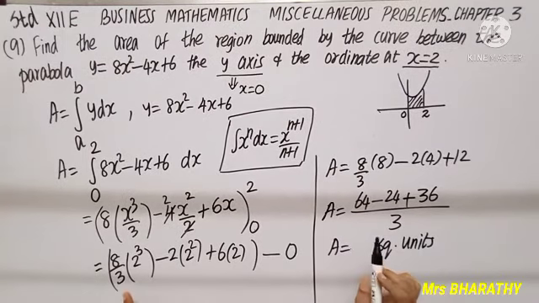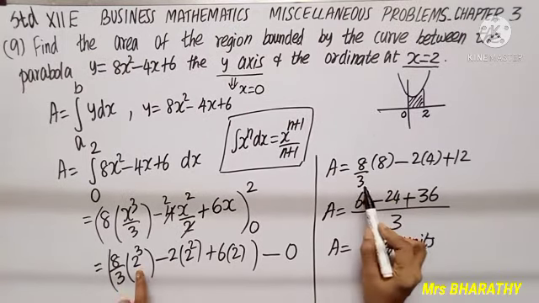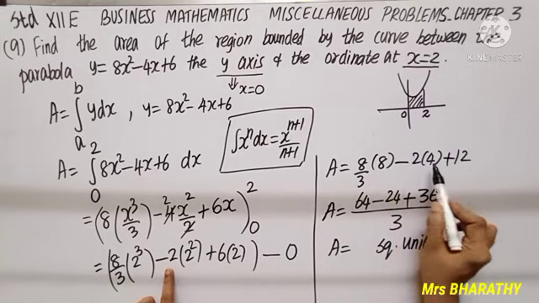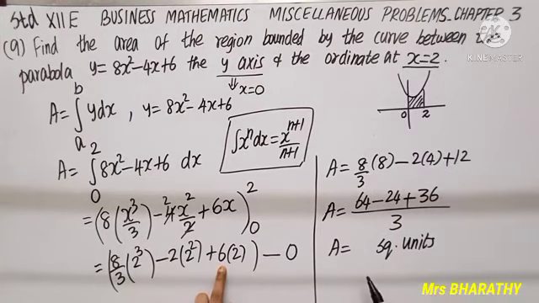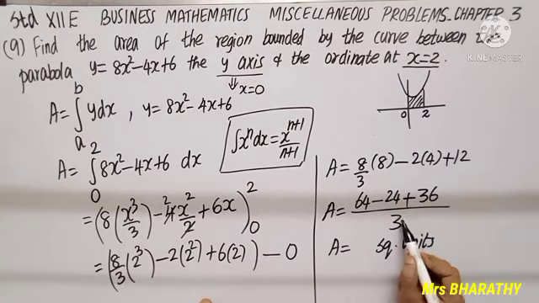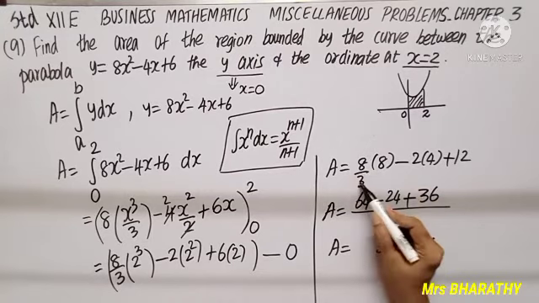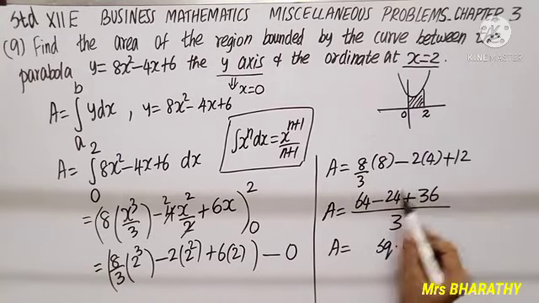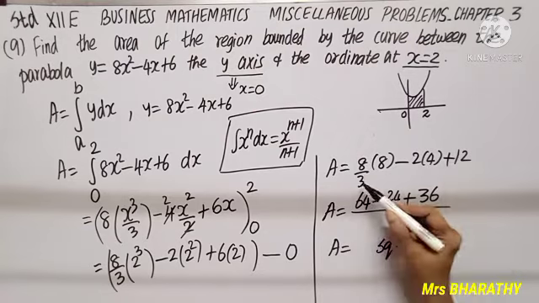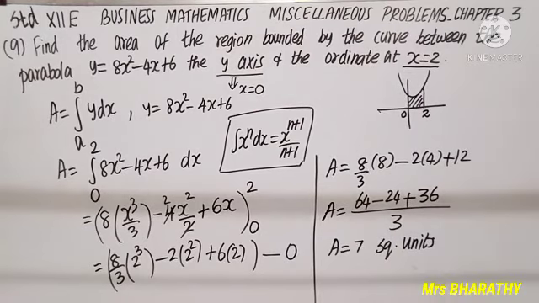As we take LCM and simplify, it is 8 by 3 into 8 minus 2 into 4 plus 6 2s are 12. LCM is 3, 64, 2 3s are 6, 4s are minus 24 plus 3 12s are 36. 100 minus 24, that is 76 by 3 square units.